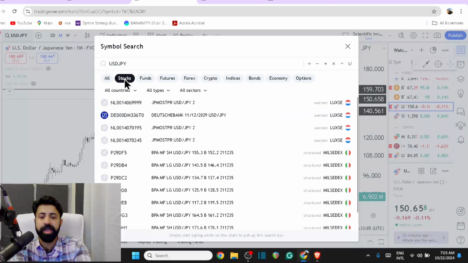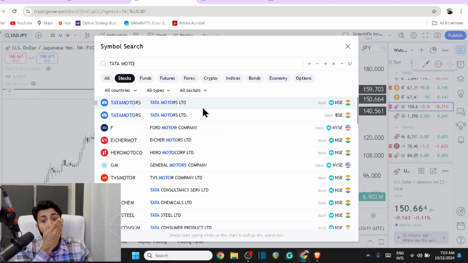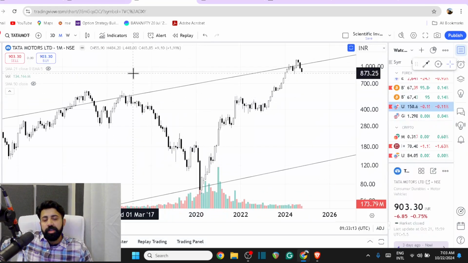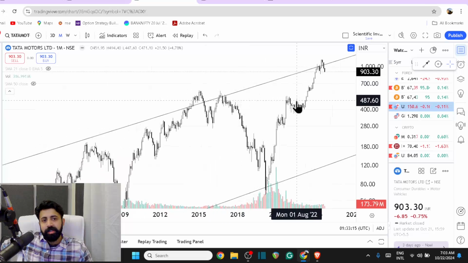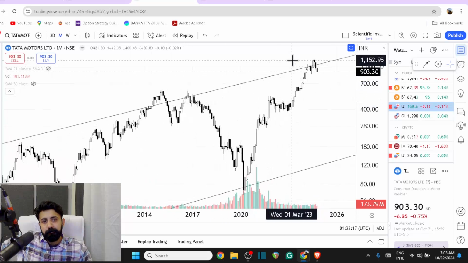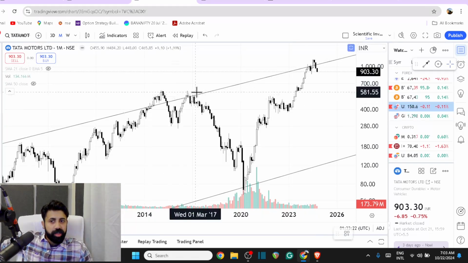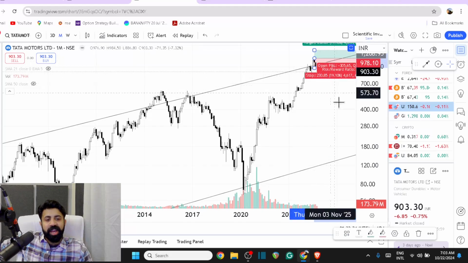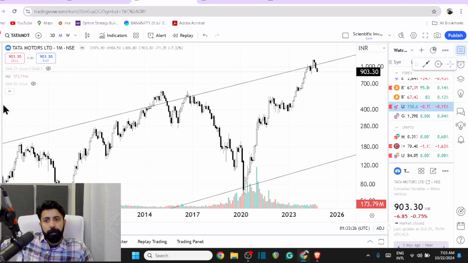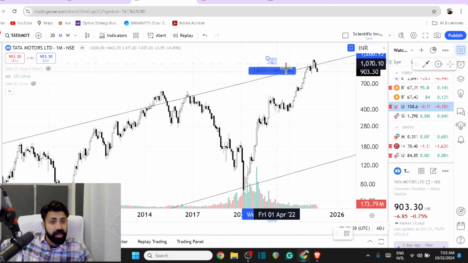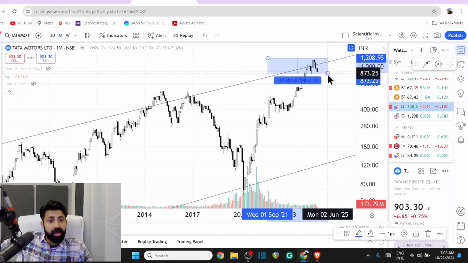Say you come here and take one of the biggest companies in India, reputed companies in India, say Tata Motors. You pick up this chart and you see, the monthly is slowing down at a resistance. The peak was 1176 and right now you're near 900, which clearly argues the fact that the price did drop down. And the price of such a big company already dropped around 30%.